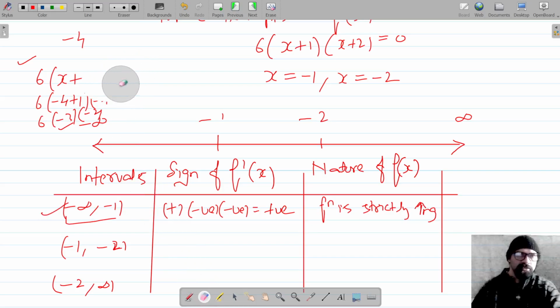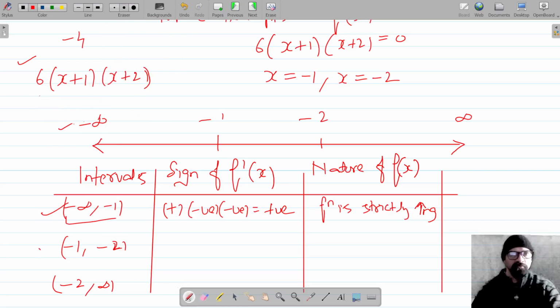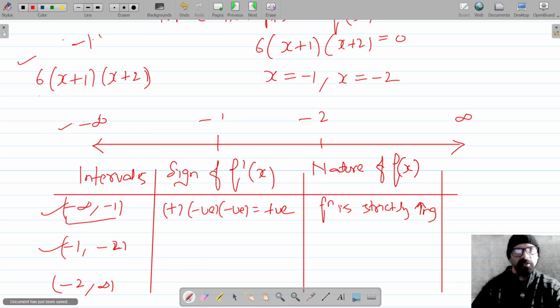Now let me check what would be the sign of the first order derivative in the second interval. In the second interval, let me take x as negative 1.5, between negative 1 and negative 2. So 6 into negative 1.5 plus 1 into negative 1.5 plus 2.